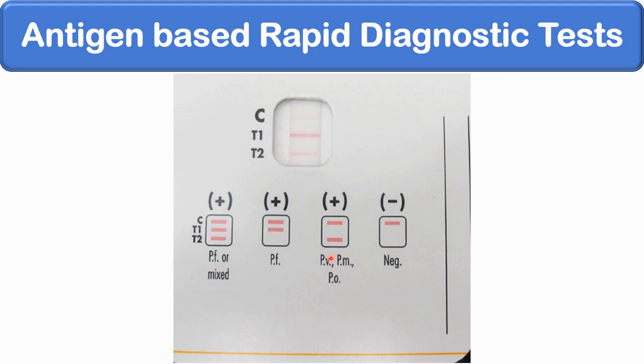If bands are formed at both test lines 1 and 2, it indicates Plasmodium falciparum or mixed infection. The band at the control line must come to validate the test. If it does not appear, the test is considered invalid. The control line is coated with antibody against polyclonal malarial antibody present in the buffer.